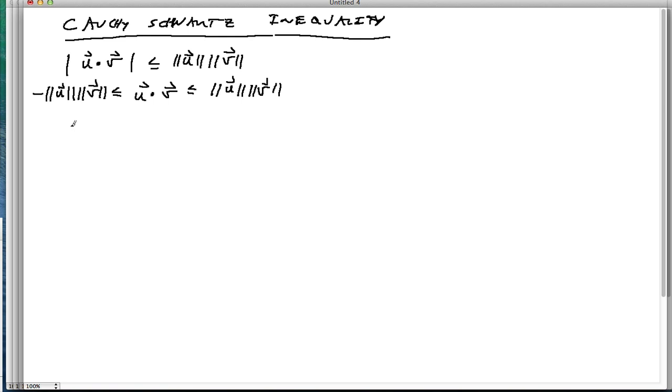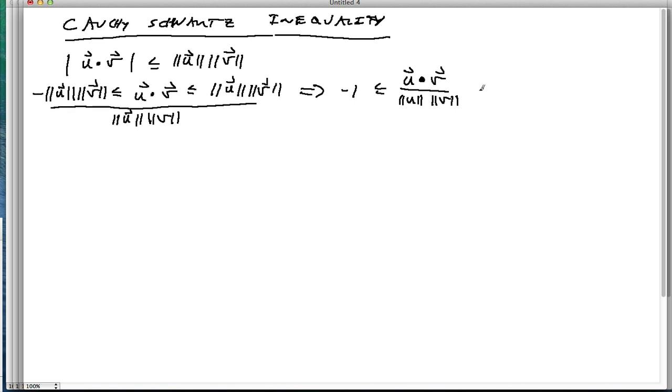All right, so one thing we can do is, of course, divide the whole thing by the product of the vector lengths. And then we get minus 1, u dot v all over u and v magnitudes. Okay. And that'll be between 1 and negative 1.